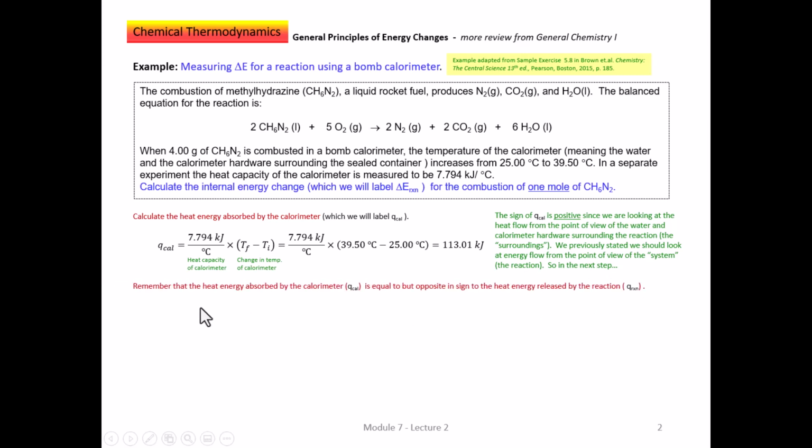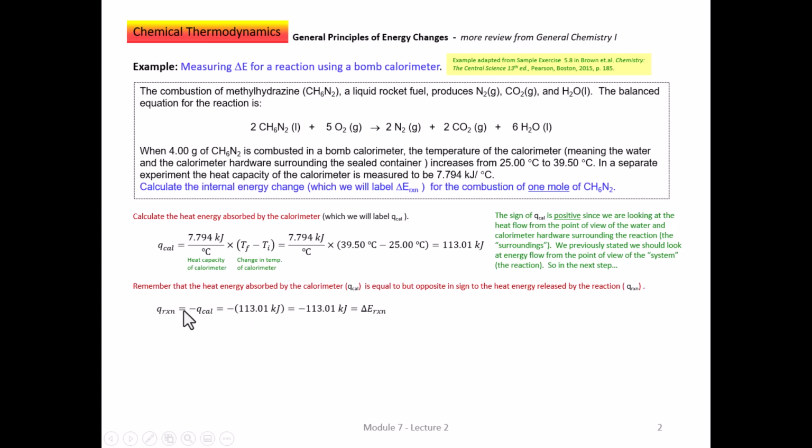So in the next step here, we have to reconcile the sign issue, and we'll just remember that the heat absorbed by the calorimeter is equal to but opposite in sign to the heat energy released by the reaction, Q of reaction. So Q of reaction is equal to minus Qcal. In other words, we just changed the sign.